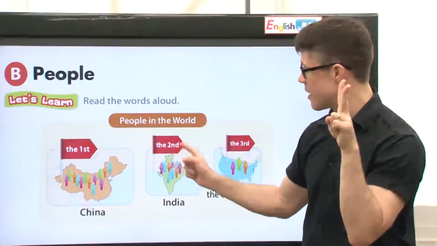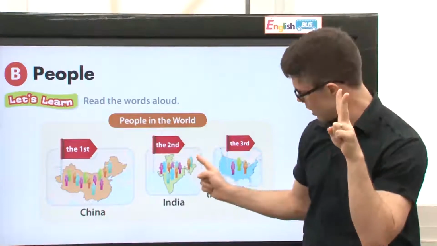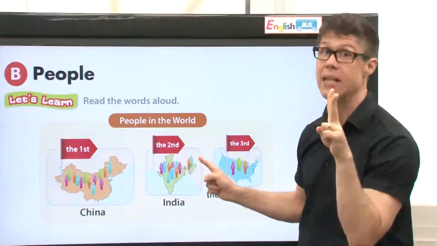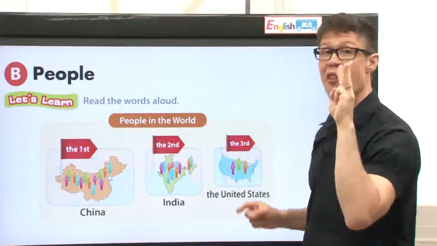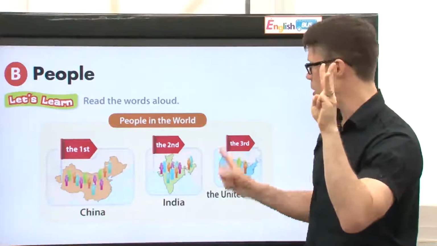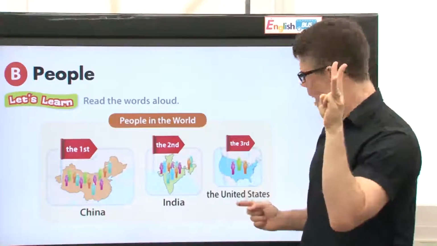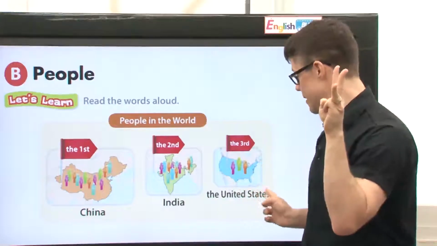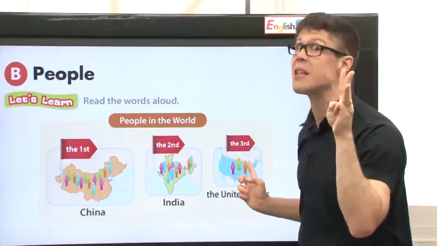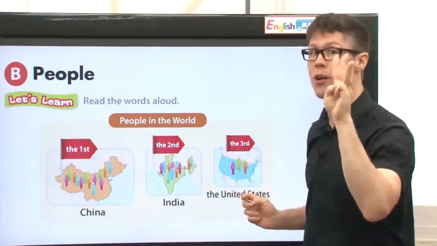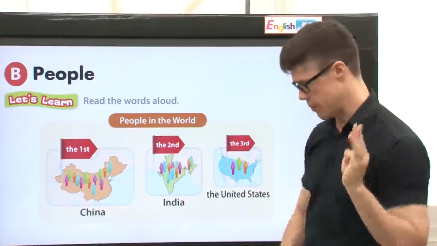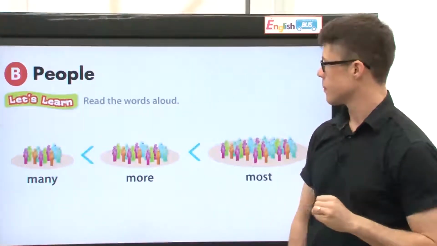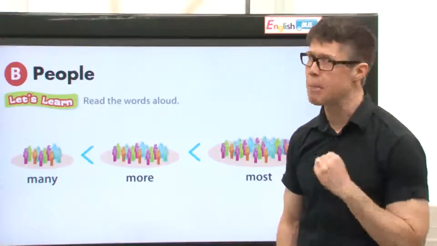India is the second for people in the world. Yes, there are many people in India. And the third for people in the world is, again, the United States. The United States still has many people. They are number three, the third.